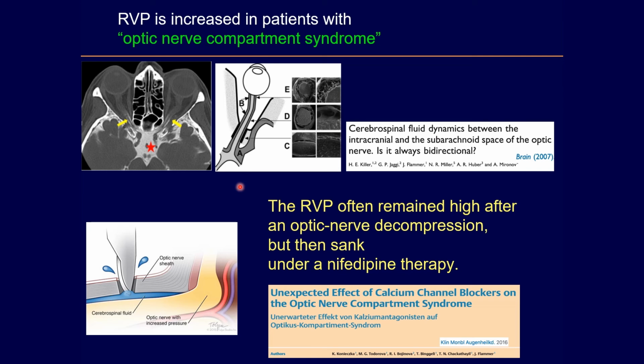It is therefore not surprising that the retinal venous pressure is also increased in the respective eyes. Interestingly, however, the retinal venous pressure often dropped only slightly after surgical decompression, but could then be reduced pharmacologically. This demonstrates that even in such situations, the increase in RVP is not only due to mechanical causes.